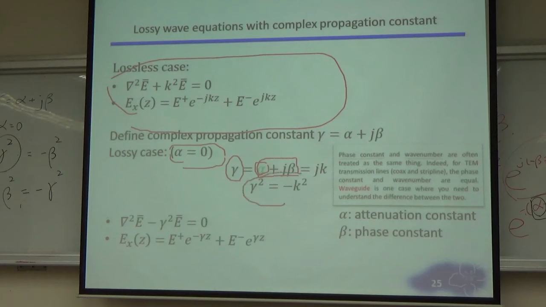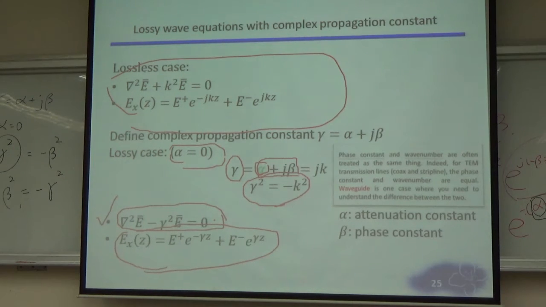And you have the relationship gamma squared equals minus k squared if alpha equals 0. Then your wave equation will become these new types.